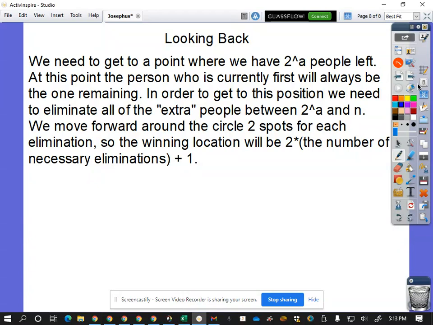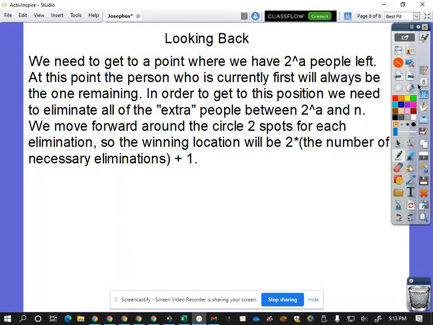So one last thing, we should look back and think about this. We know we need to get to a point where we have 2 to the a people left. Because at this point, the person who is currently in first will always be the one remaining, because we can always cut that in half. We can renumber them, get rid of those even numbers and cut it in half again and again until we're down to 2 people, in which case the first person is the winning person.